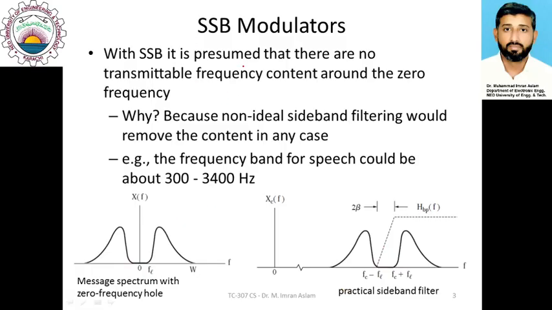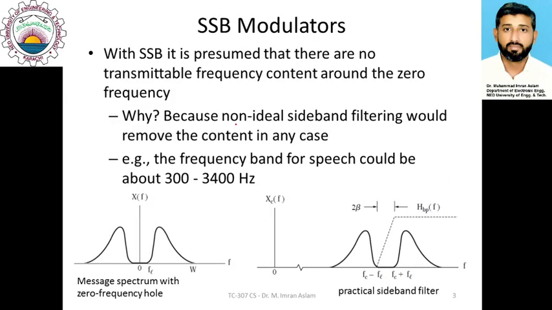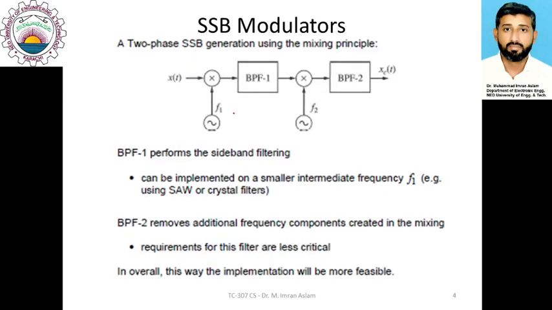So the bottom line is that we need to use a sideband filter to generate SSB, but practically the most common generation is the two-stage SSB generation. Typically we use two stages to generate the single sideband signals. In the first stage, the first filter uses the sideband filtering.